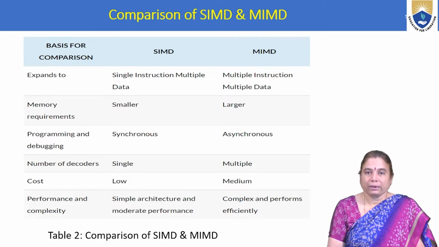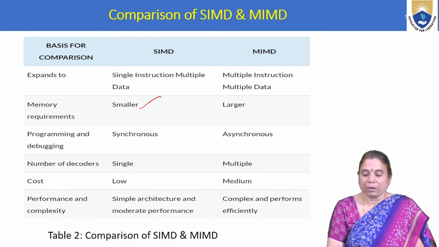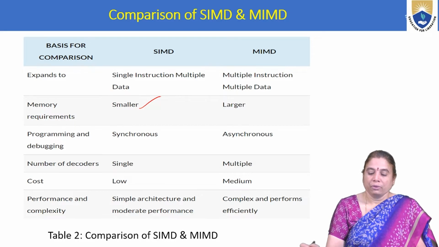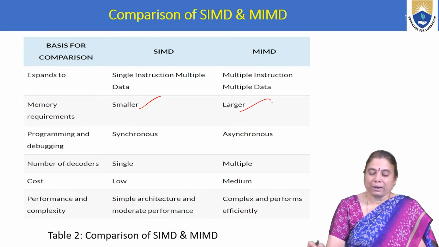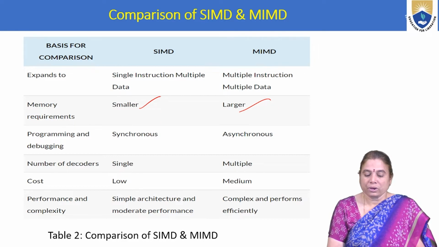The second factor that can be considered is memory requirement. For SIMD, a single memory unit can serve for the execution of the data. So, SIMD can have a smaller memory requirement, but MIMD can support multiple data. So, a larger memory requirement can be considered in the MIMD architecture.